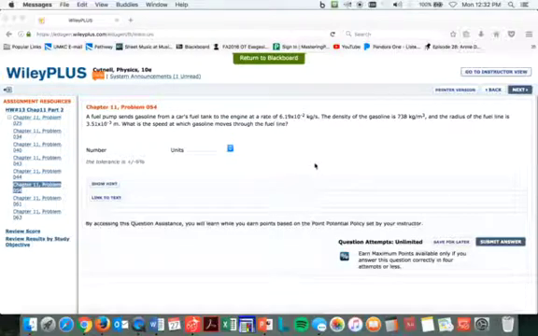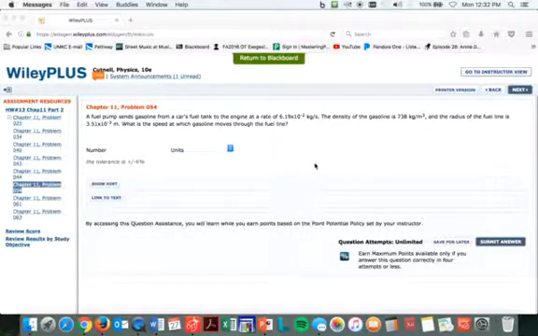So problem 54, let me write down what I have here. A fuel pump. Believe it or not, they are giving us 6.19 times 10 to the negative 2 kilograms per second. Okay, so that's Q kind of.